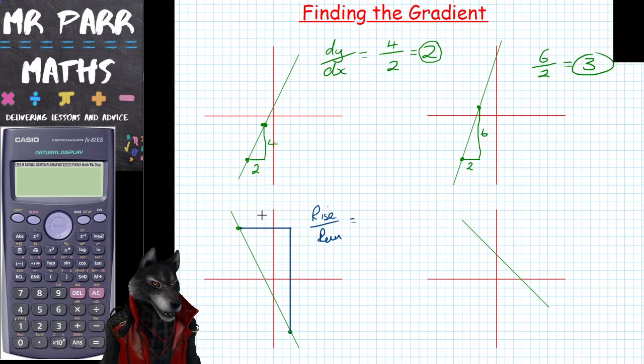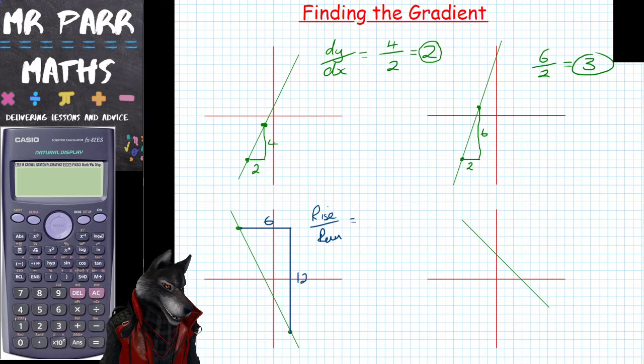1, 2, 3. Oops, sorry. 1, 2, 3, 4, 5, 6. 1, 2, 3, 4, 5, 6, 7, 8, 9, 10, 11, 12. Now, be careful here, because whilst you could say that the run is 6, this isn't really a rise anymore, is it?